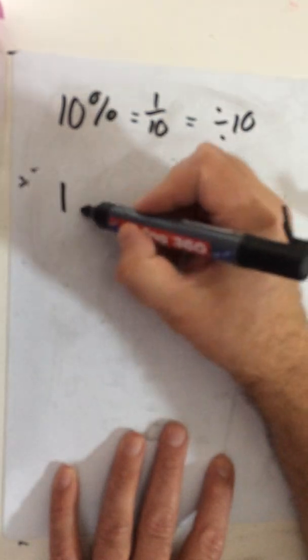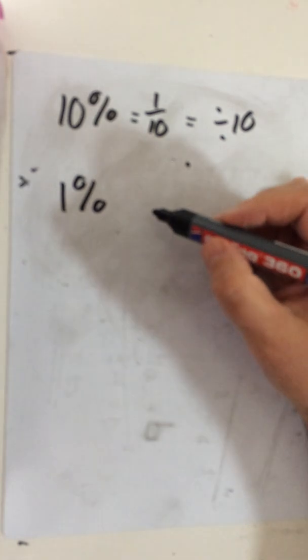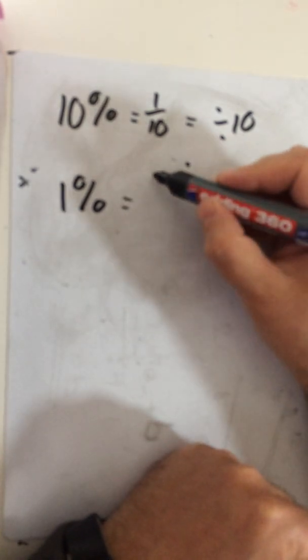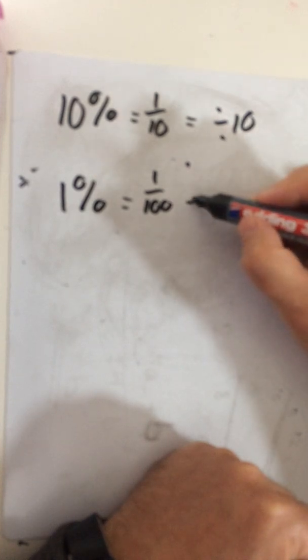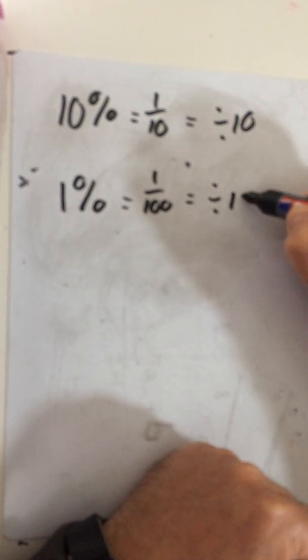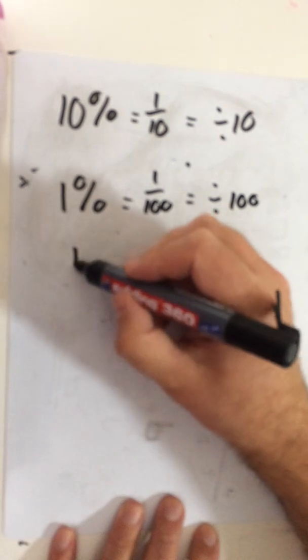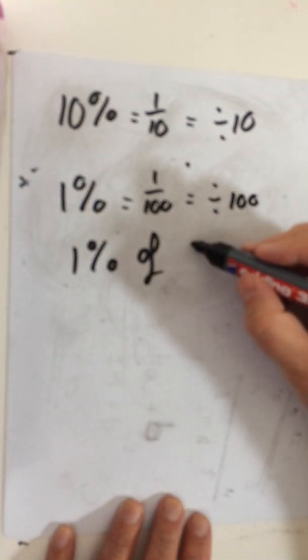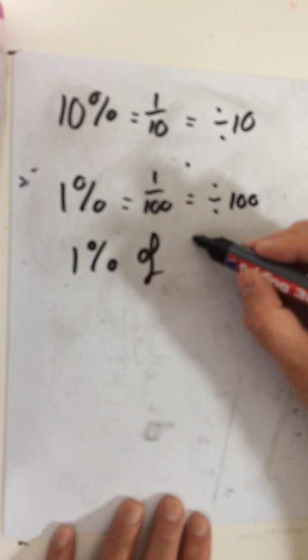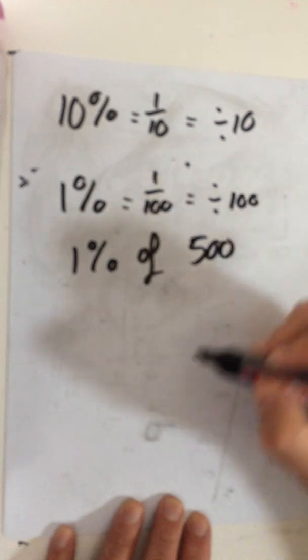To find 1% of something, you need to be able to do as well. So find 1%, that is the same as a hundredth, and to find a hundredth of something, you divide by 100. So 1% of 500.